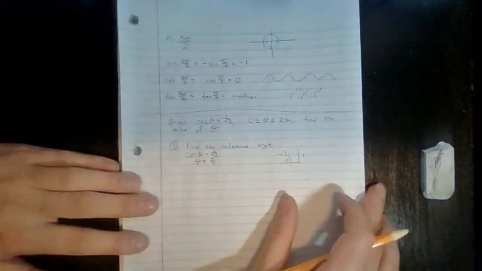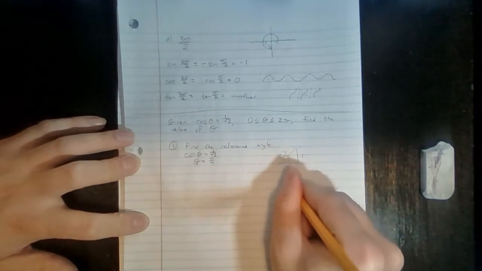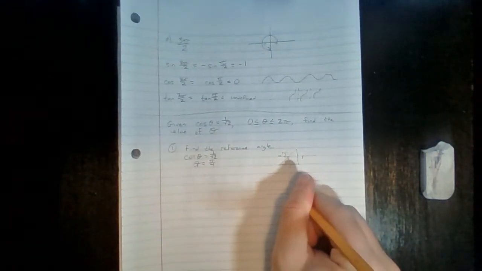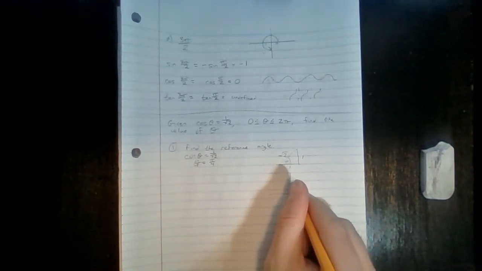And we're going to use this to find every possibility in this domain, from 0 to 2 pi. Cosine can be positive in this quadrant, or it can be positive in this quadrant.